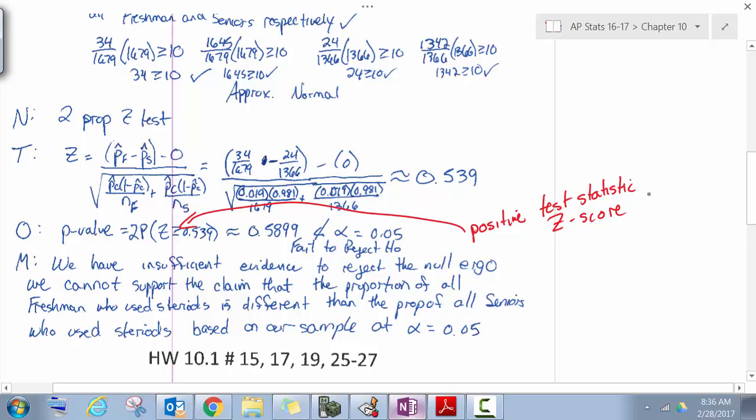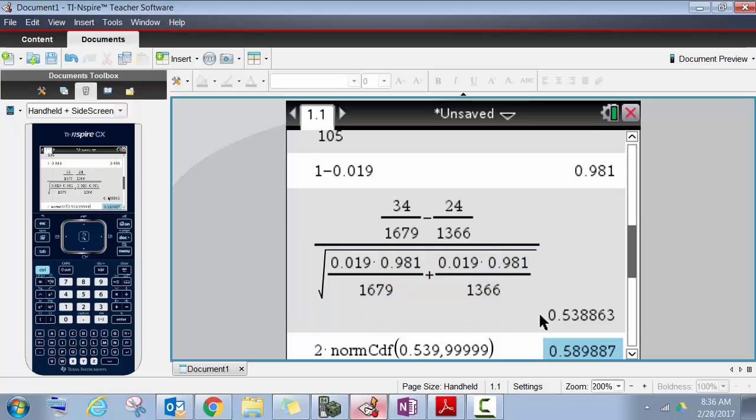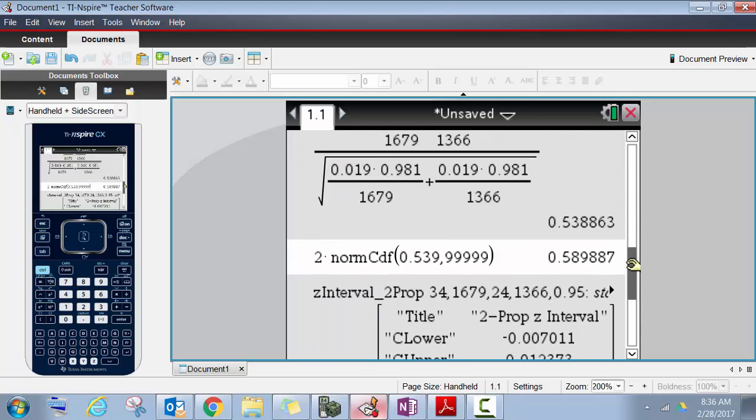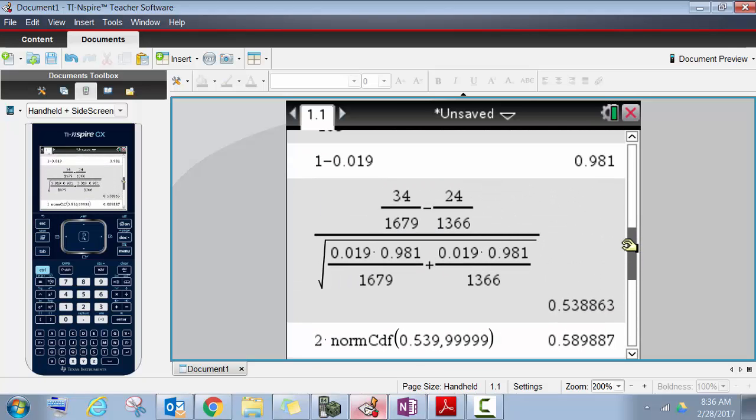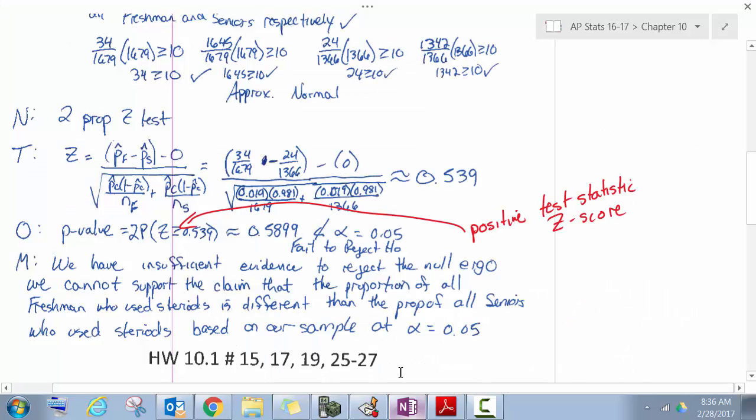It's positive, so we check greater than. We get a p-value of 0.5899. How do we do that? We use norm CDF, so 2 times norm CDF of 0.539 to our version of infinity is that p-value.